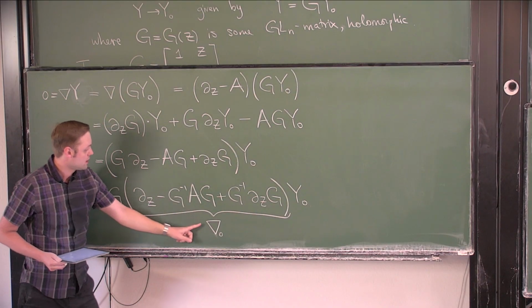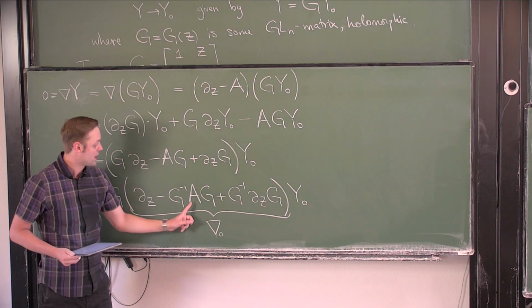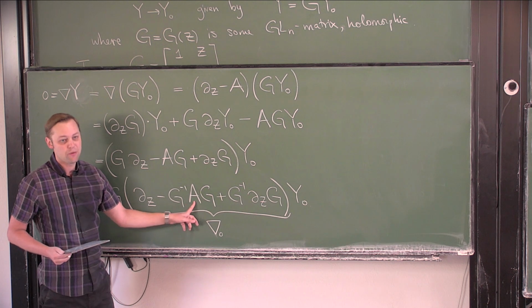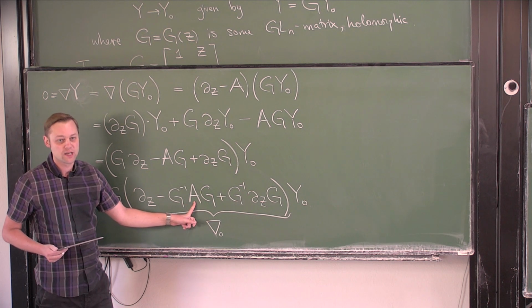And now, the idea being the following. The reason I embarked on this journey was that the matrix A was just a little bit too complicated for me to handle, right?